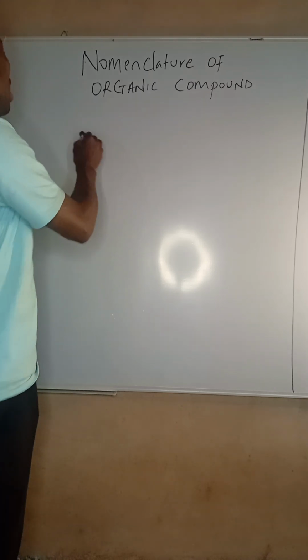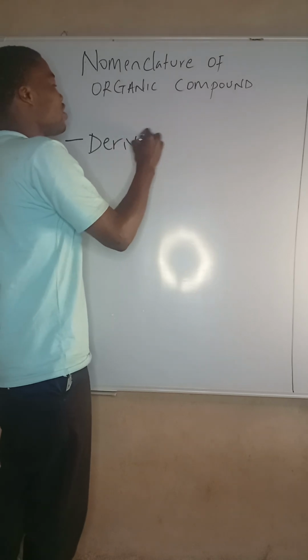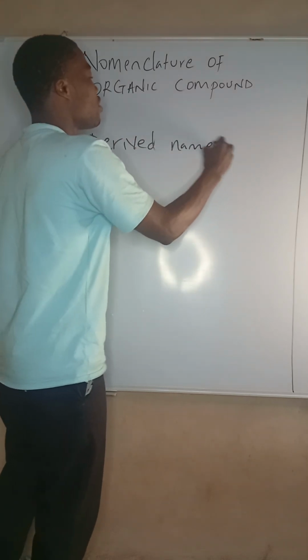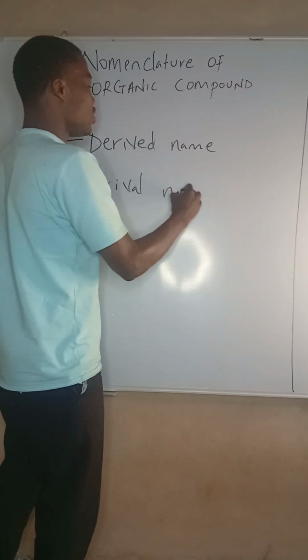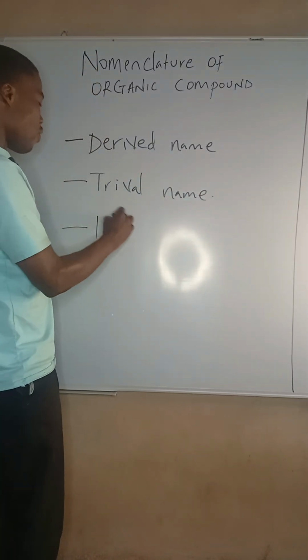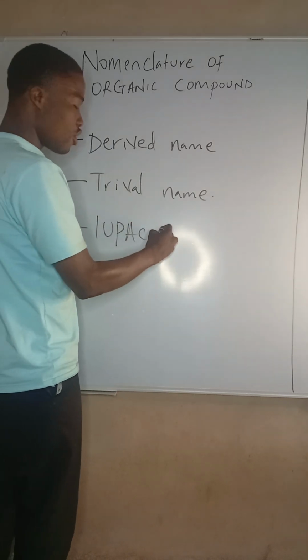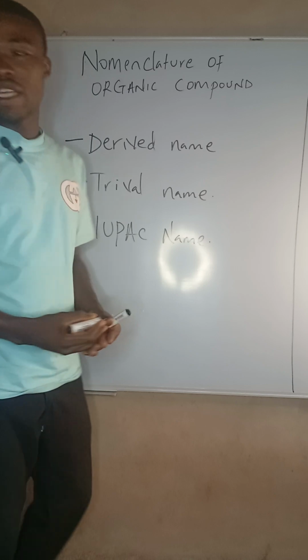Now, the three names are: the first one is a derived name. The second one is a trivial name. And the third one is the one we will stay on for long, known as the IUPAC nomenclature, or the IUPAC name.